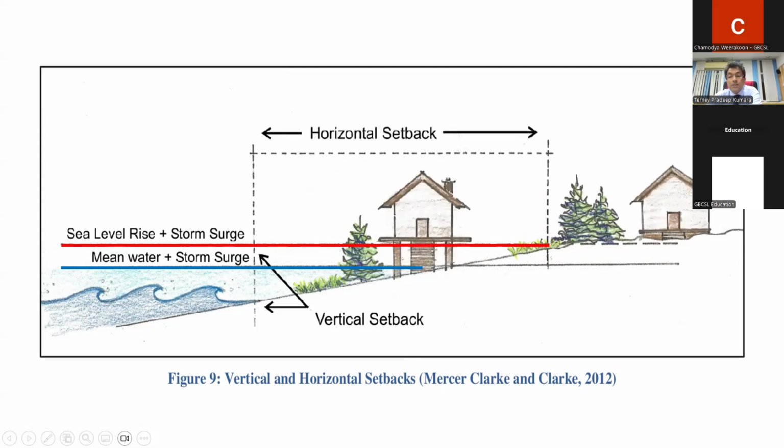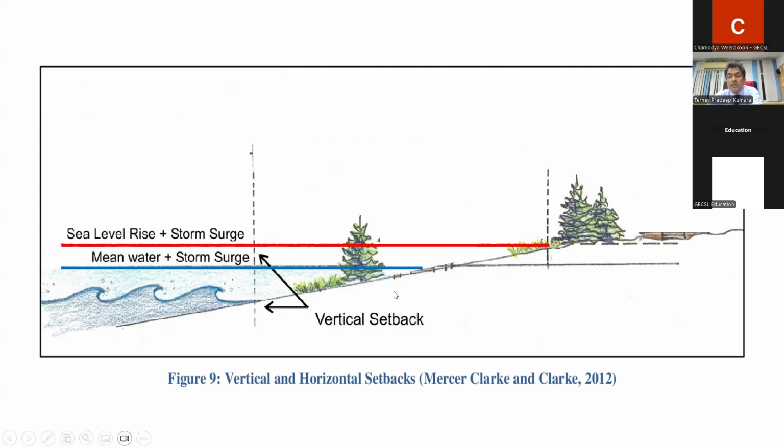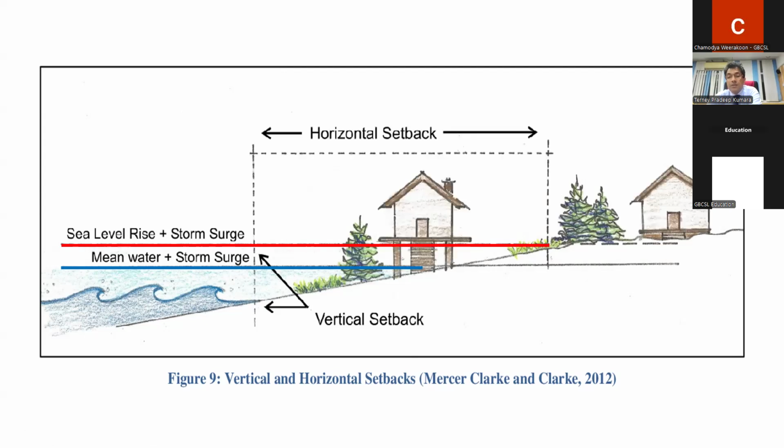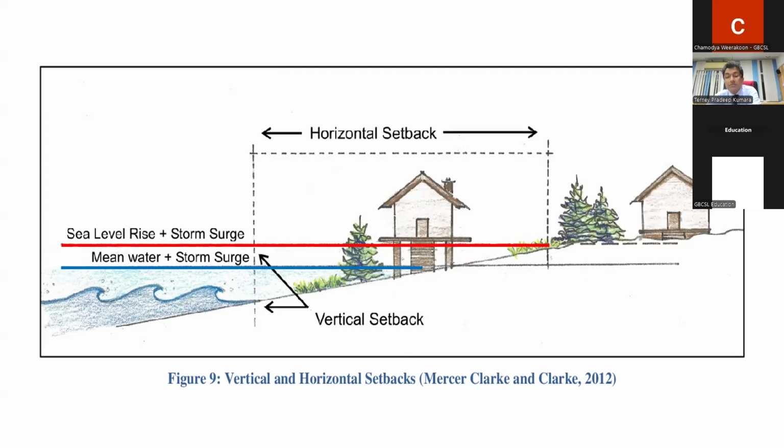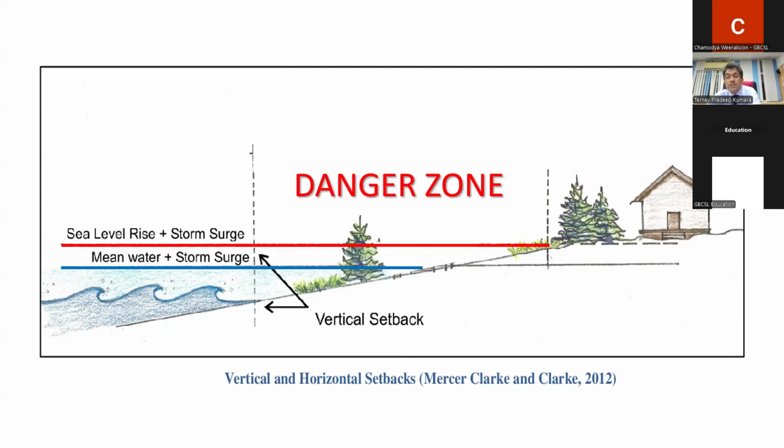If you establish a house somewhere here, maybe 10 meters, this is the sea level, and the coastline will be somewhere here. So what happens to the house? Of course, it will go in vain. It will be taken by the waves in hours. So that's the danger zone, and you have to always avoid this danger zone.